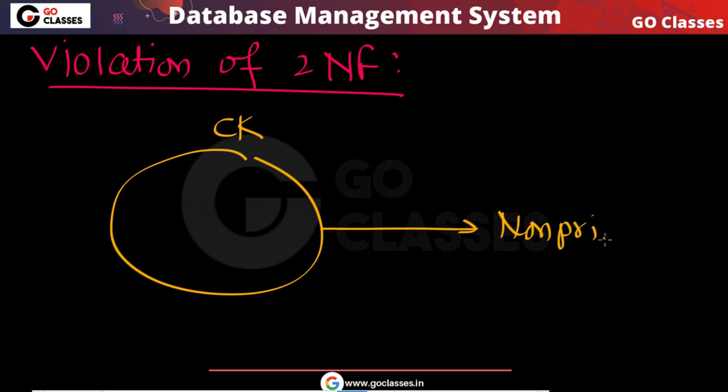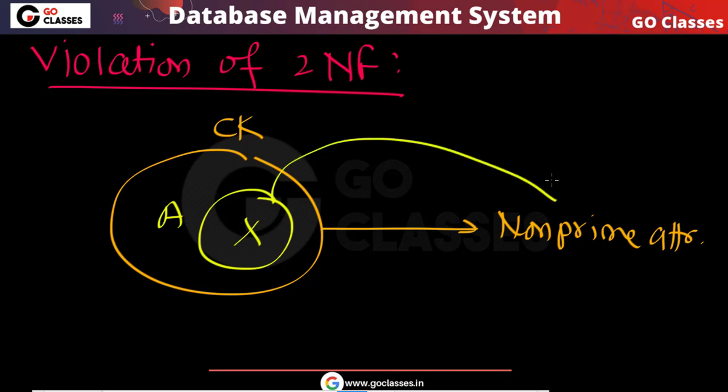The violation of 2NF will happen when this is not a full dependency, meaning when some part, say AX, can determine the non-prime attribute.